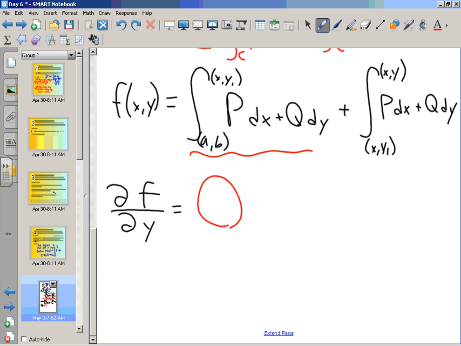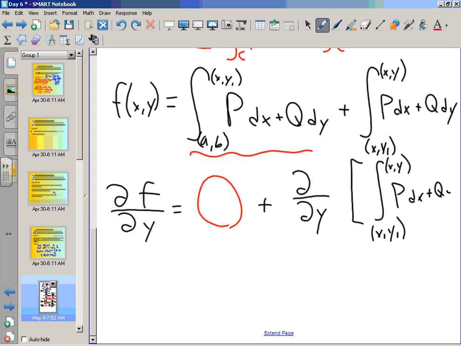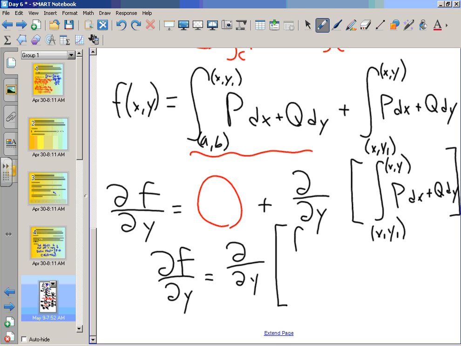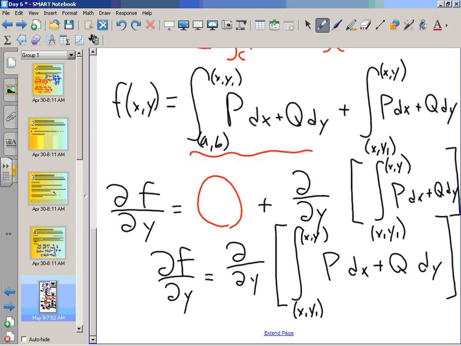And so here we would have the derivative with respect to y of this remaining piece.